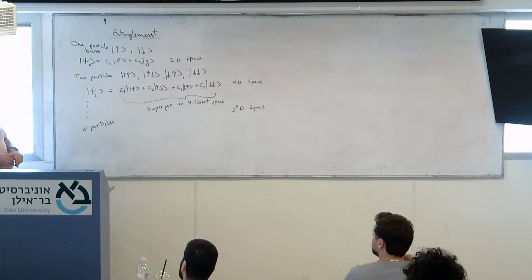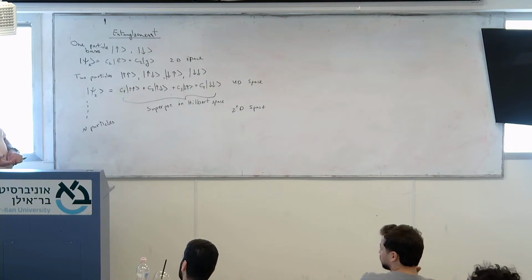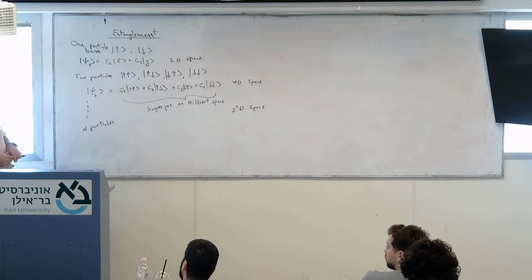Okay, yes. That's true, but it doesn't tell me anything about what entanglement gives me. It's a negative definition. And it doesn't even tell me how do I know if the state that I have is entangled or not? Is it separable or is it not? I don't know.